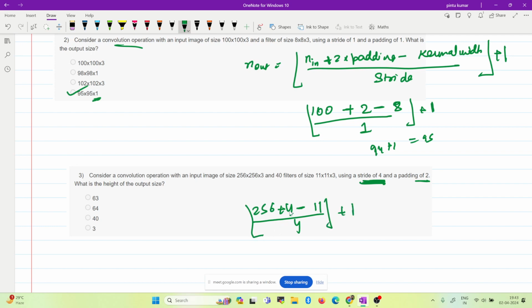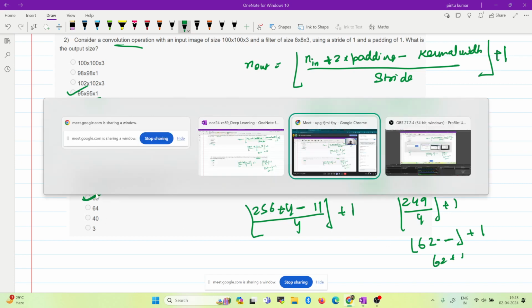So this is 260 minus 11, this is 249 by 4, right? Floor, plus 1. So this is 62 point something, right? If you take its floor, then it is 62 plus 1. So 63 is the correct answer.